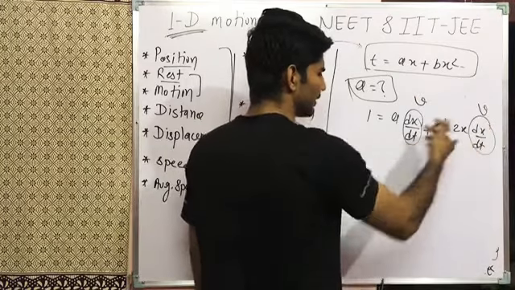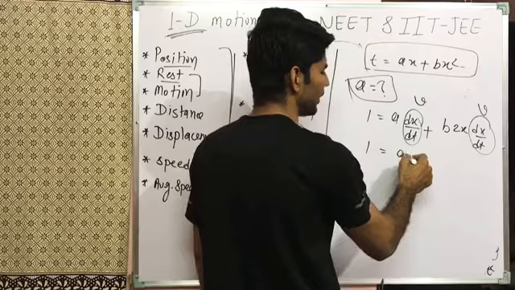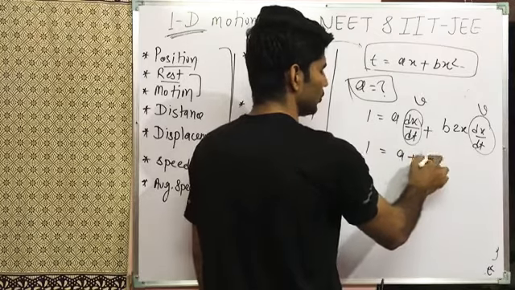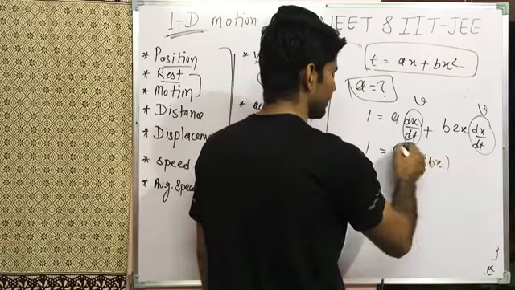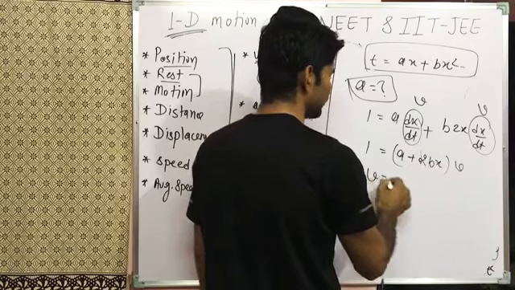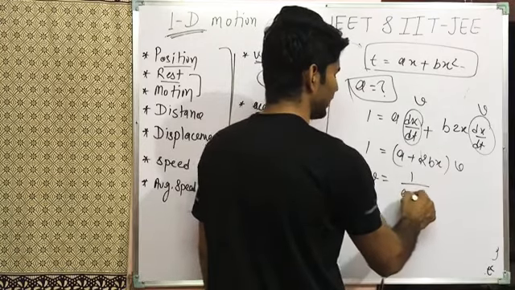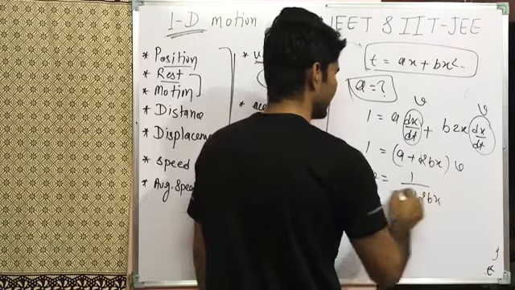So taking v common, it becomes a plus 2bx into v. So velocity from here you get 1 by (a plus 2bx).